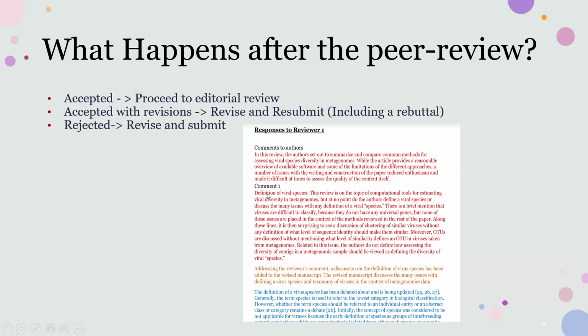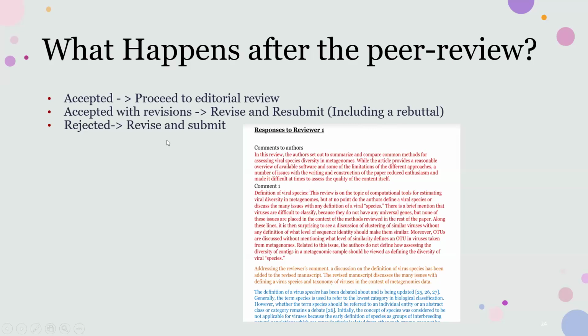At the same time, I am giving my own comment to the reviewer's comment, saying whether I agree or disagree, and if I agree, how I changed my manuscript. So usually we will revise our manuscript considering reviewers' suggestions, and resubmit our work, including a rebuttal. And oftentimes, the manuscript can be rejected.